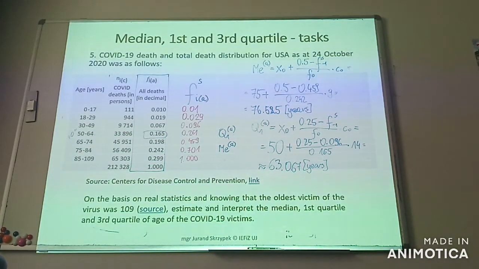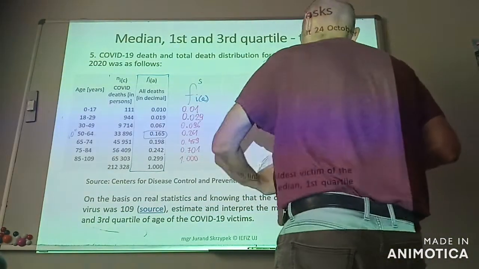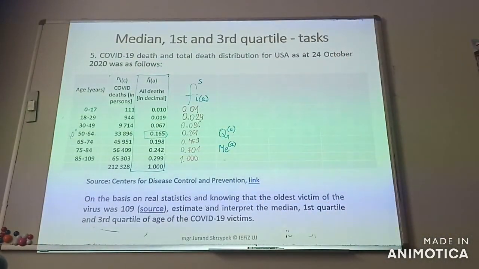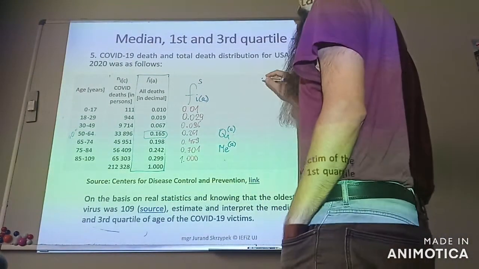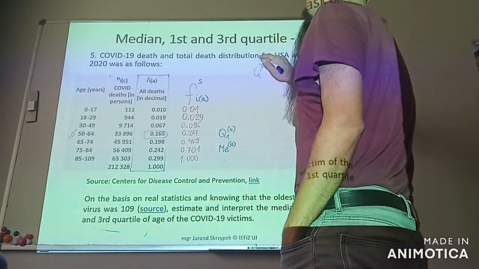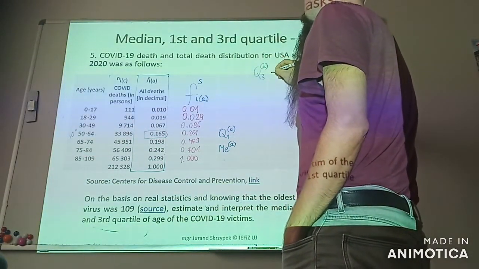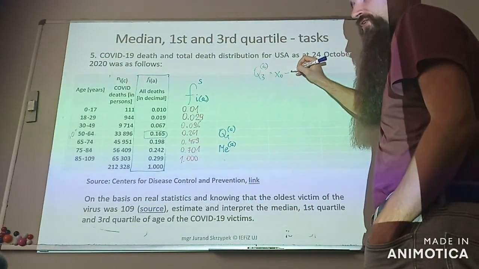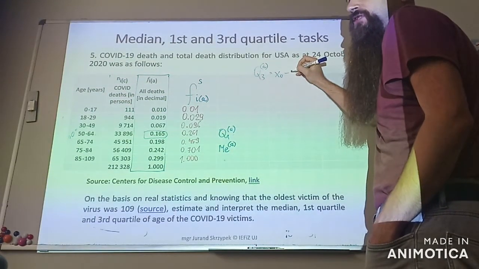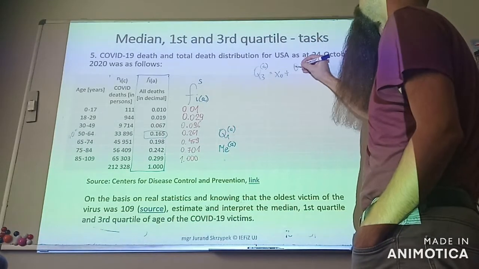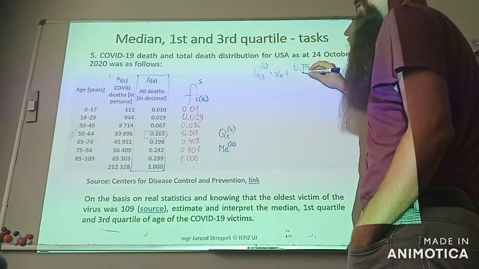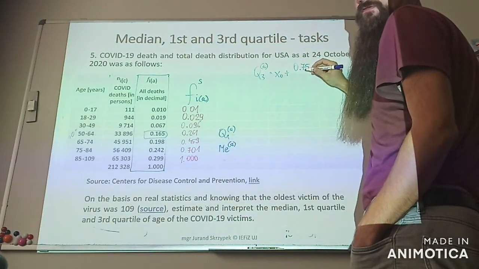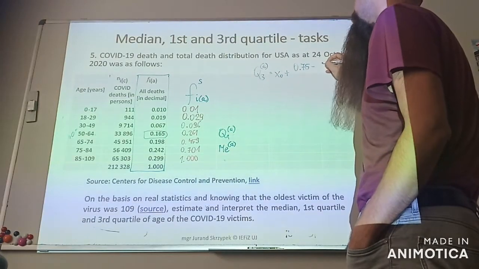Okay, and the last measure is the third quartile. The third quartile is placed in that class in which cumulative relative frequency exceeds 75% for the first time. Third quartile means 3 quarters, 3 divided by 4, 75%.